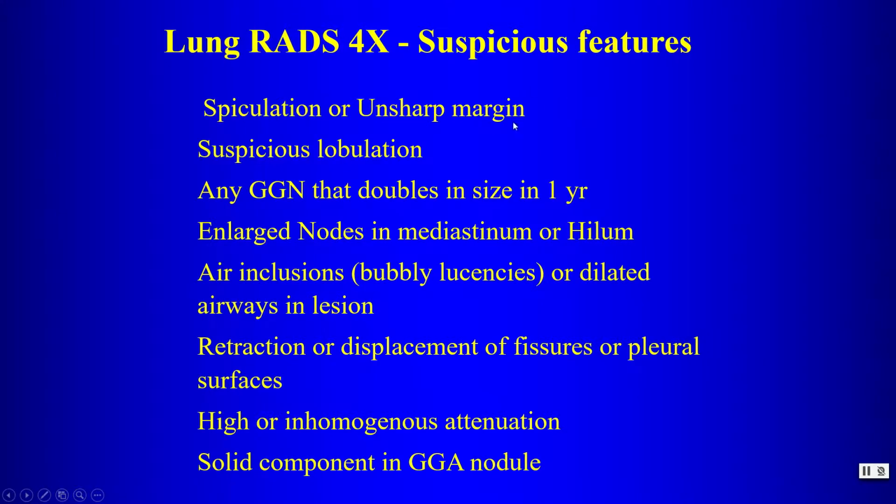Now, suspicious features for lung in these lung cancer screening studies: spiculation or unsharp margins, lobulation, any ground glass nodule that doubles in size in 1 year, enlarged nodes, bubbly lucencies, which we've talked about, retraction or displacement of fissures or pleural surfaces, high or inhomogeneous attenuation, and solid components, especially if they appear newly within ground glass attenuation nodules.